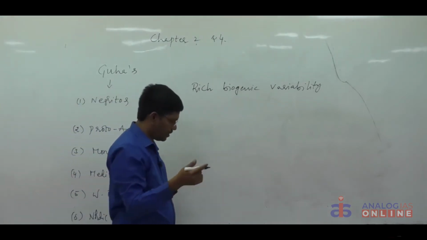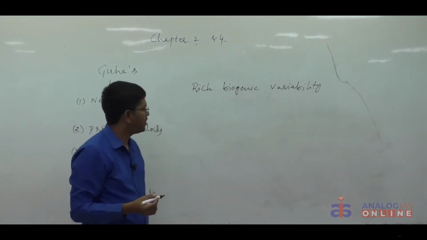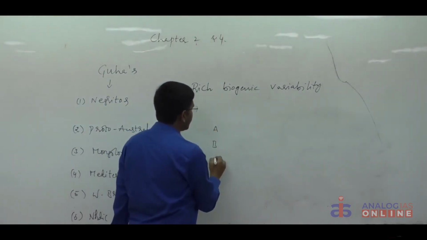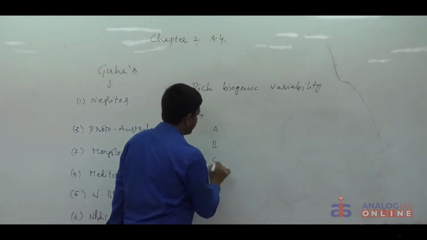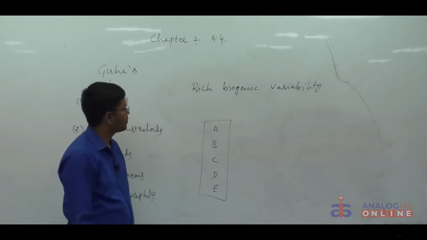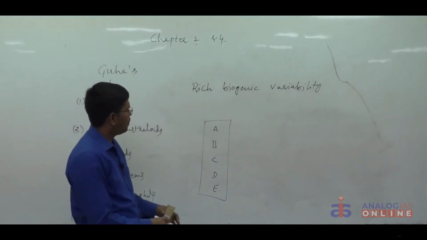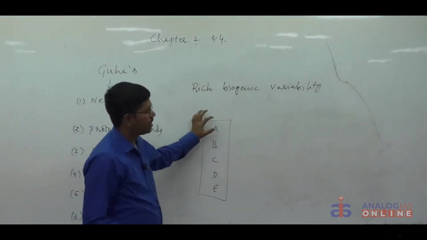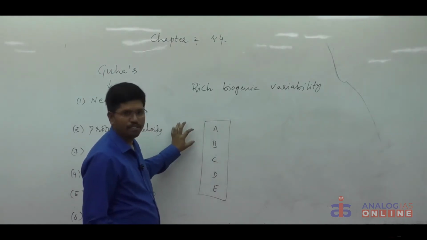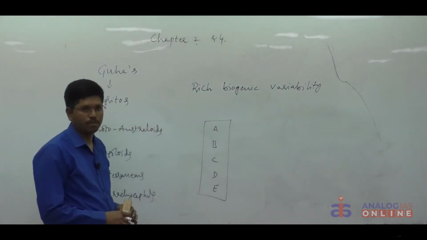Discuss. I told you in the beginning, what is the definition of race? Race is nothing but a group of population characterized by the presence of a particular set of physical characteristics. Now, whenever a particular race has a particular set of physical characteristics, each and every character is controlled by some genes.